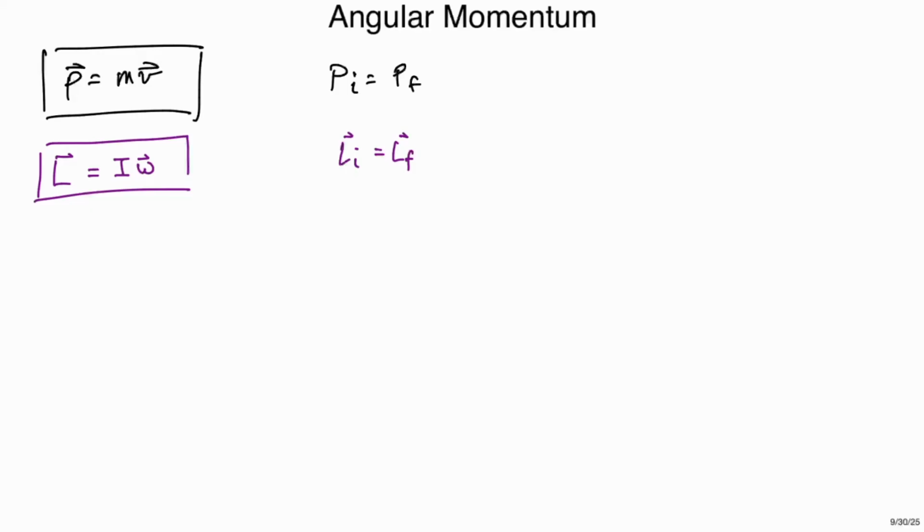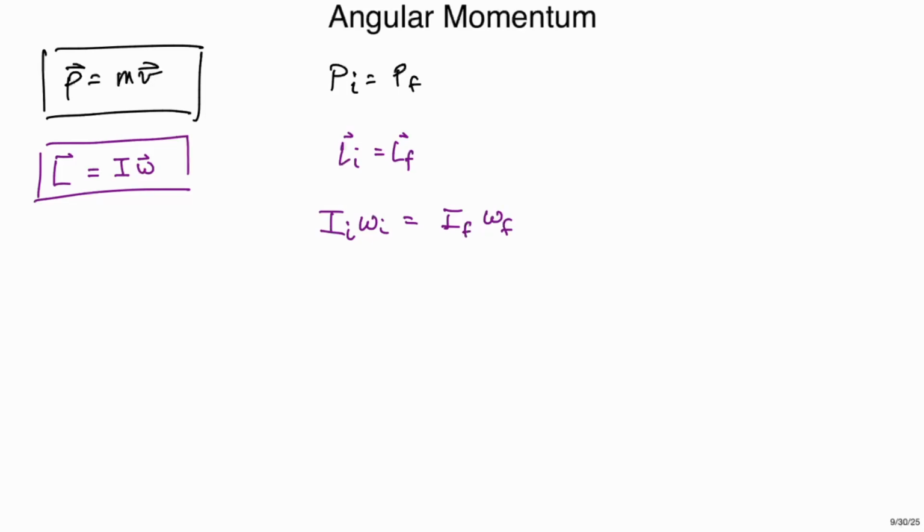So usually, what you're doing with conservation of angular momentum in the angular case, this will turn out to be some initial moment of inertia, initial angular speed, and then some final moment of inertia and some final angular speed.